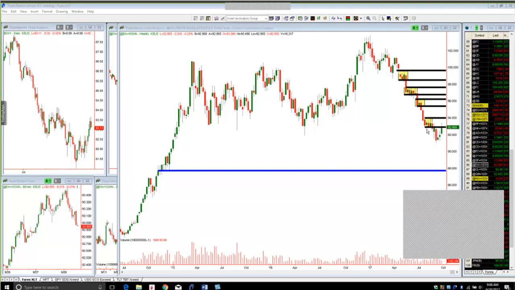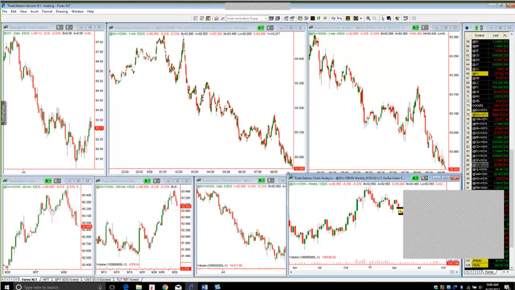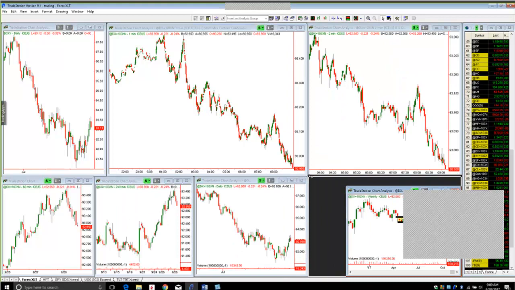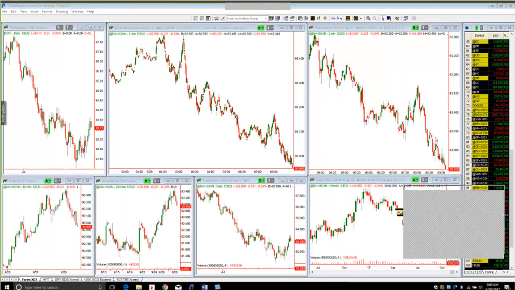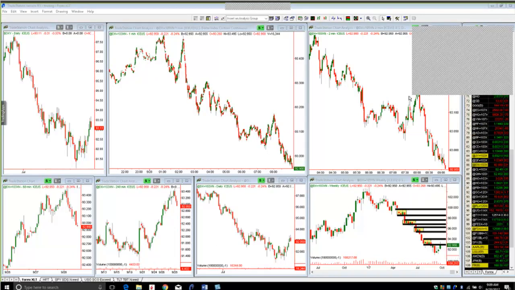You almost always see some kind of a pullback. The upper ones, yeah, we expect big turns in price there. This one too, but I just wanted to let you know that the quality of these levels is different. Notice on the daily we got up to the meat of the supply. That's why you're starting to see a turn in price.